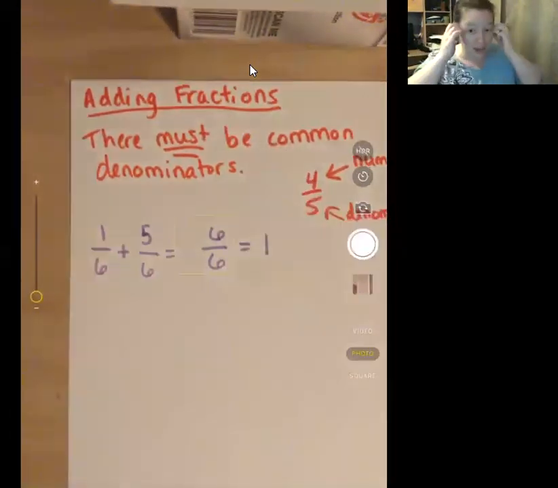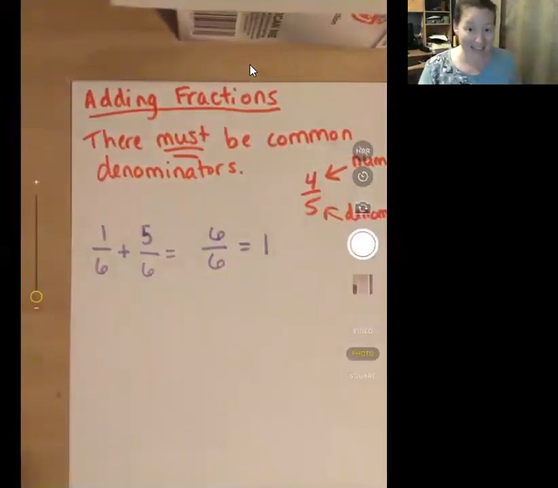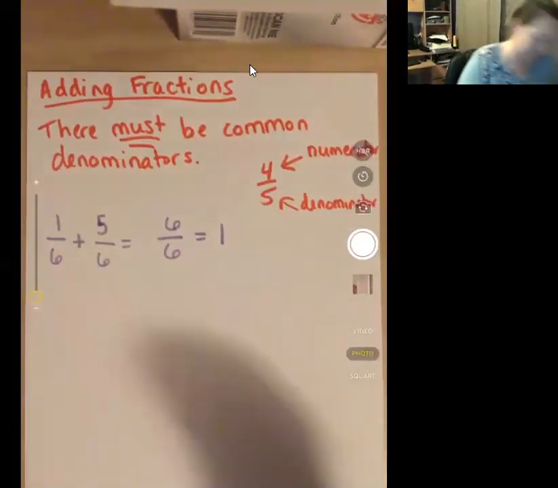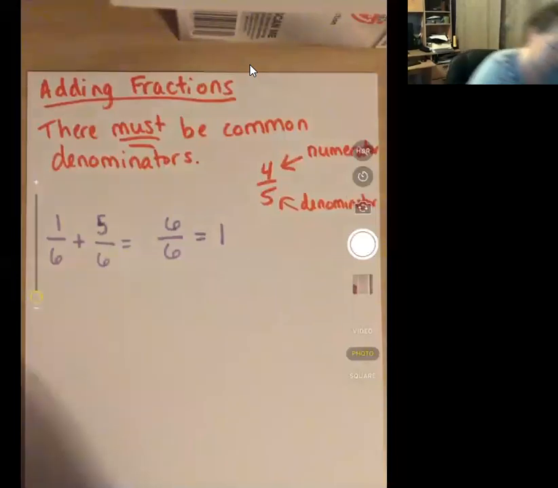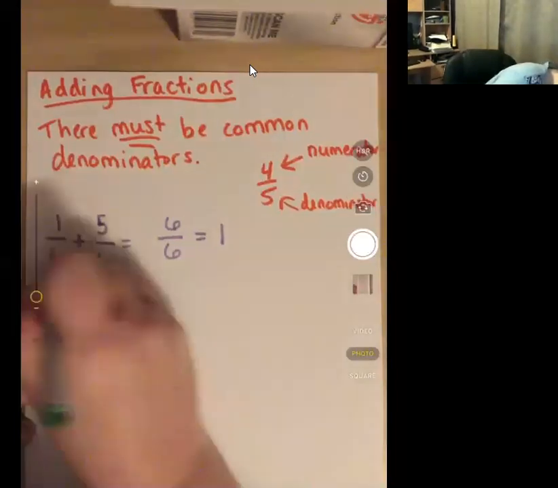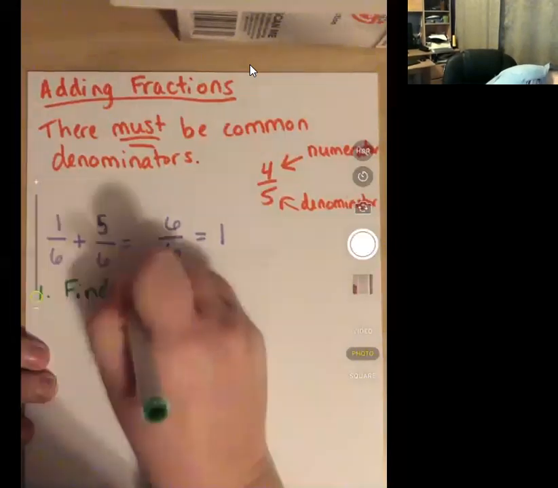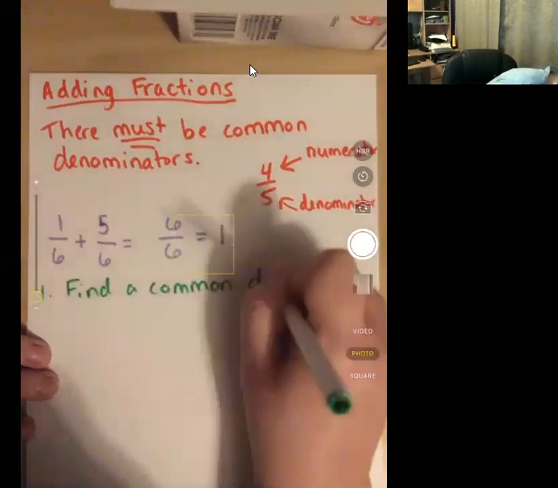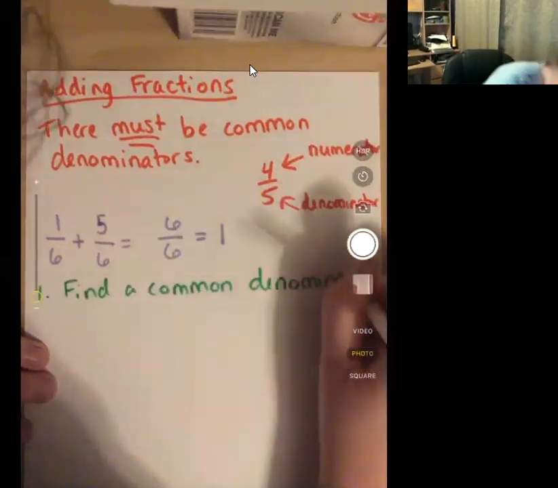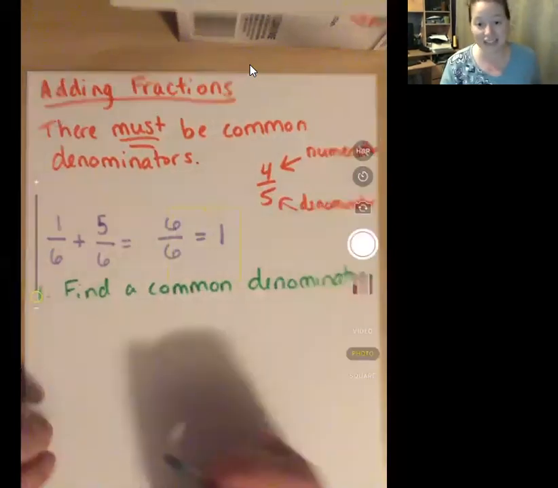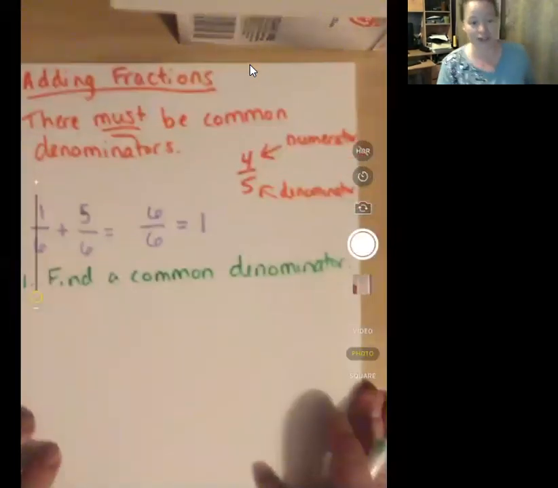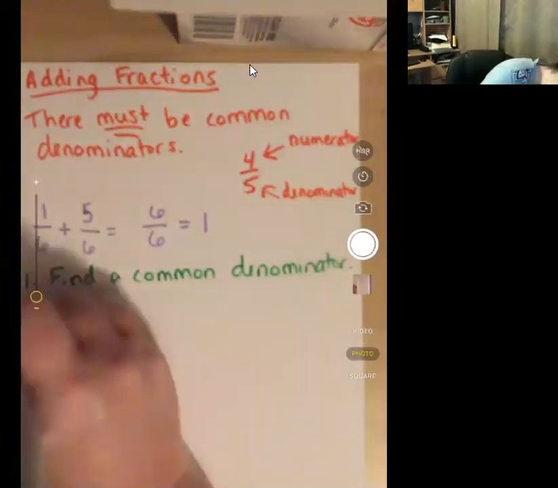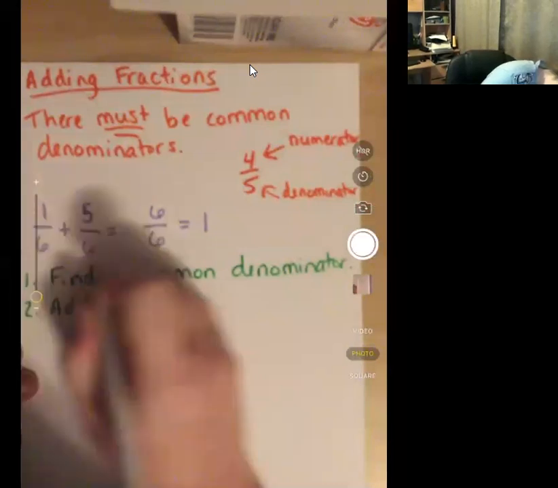So the steps for adding a fraction is, number 1, find a common denominator. After you have done that, after you have a common denominator, you add the numerators.